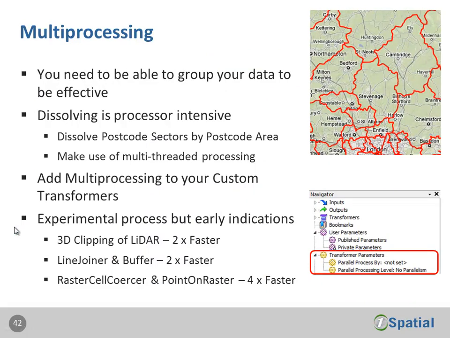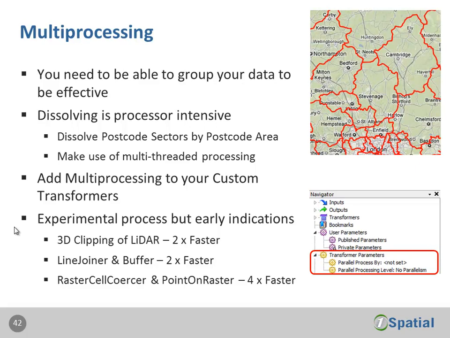Basically, you need to be able to group up your data. So the best example I can probably give you is postcode areas. If you can group your data by postcode areas or by geography, then you can use multi-threading to work on your data.